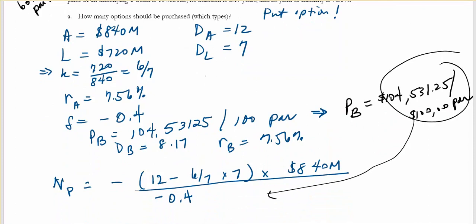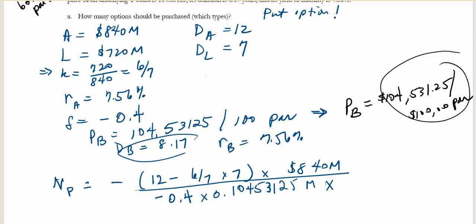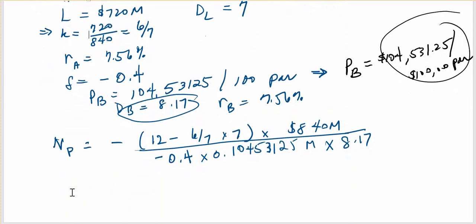but I have millions here, so we have to be careful. So 0.10453125 million, and we have to include the duration term of the underlying bonds, which was 8.17. Plug that into the calculator.